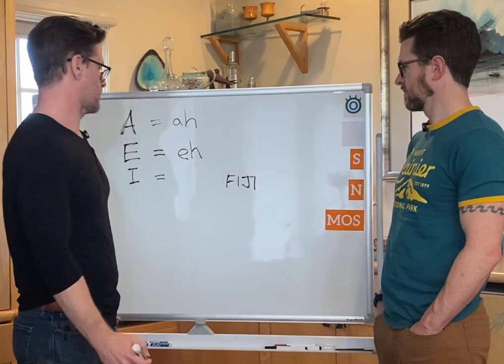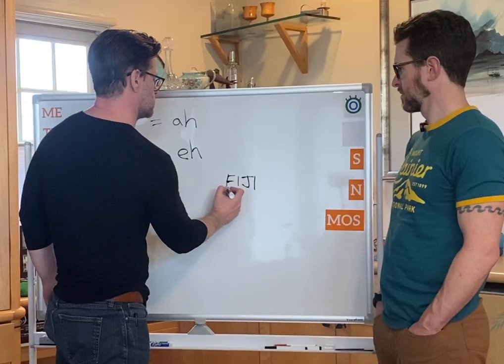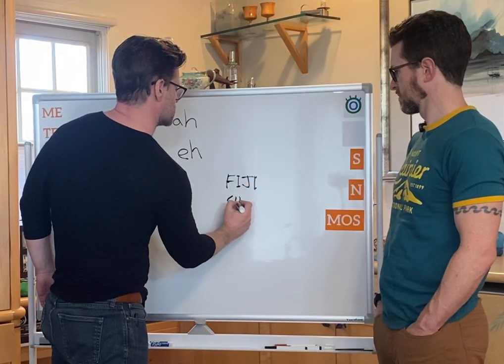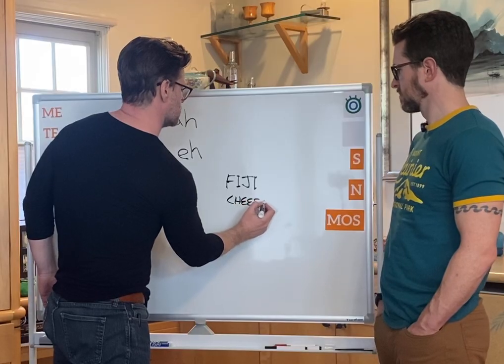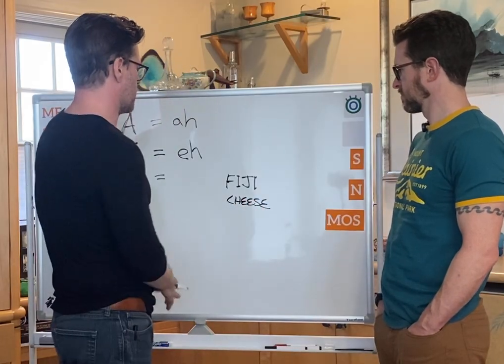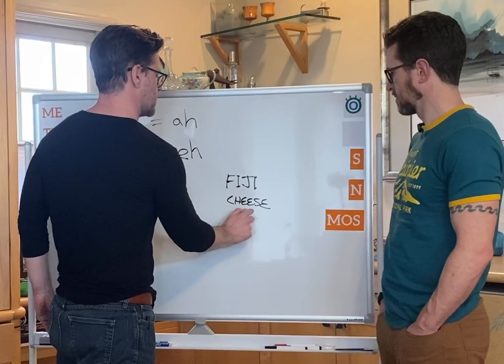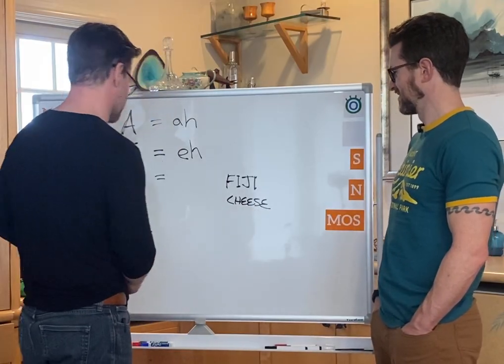Fiji. So why did I choose Fiji? I could just say it's always pronounced like cheese, which is true. But I wanted something that has I's in there. Because these would be like chese in Espanol.